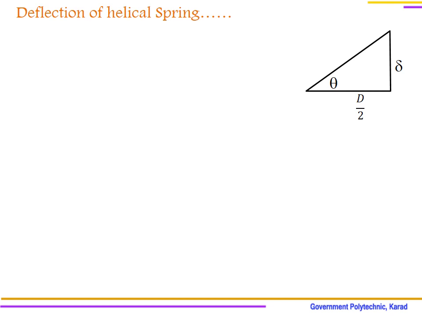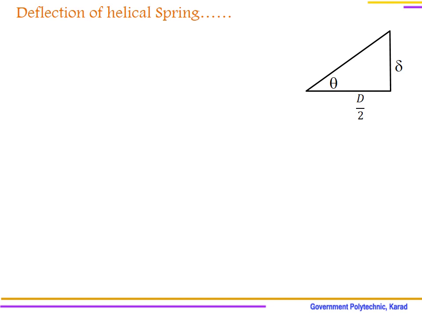So for the deflection of a helical spring, we have found theta. The triangle shows the relation between linear displacement and angular displacement. We may imagine this as one turn.